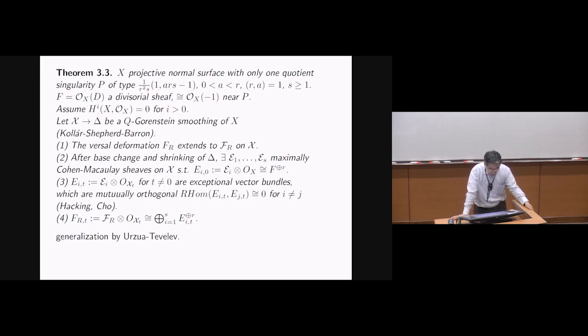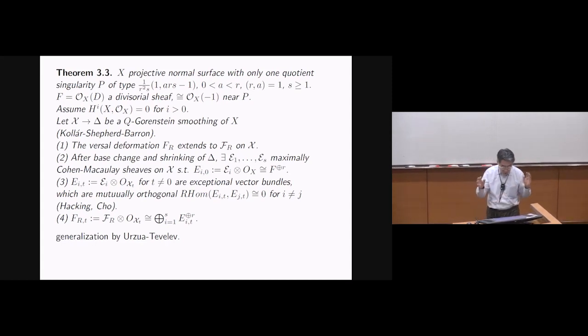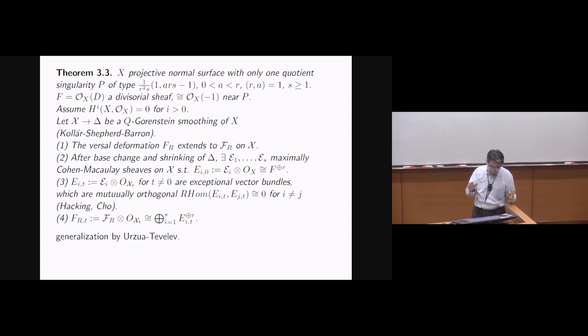Hacking found this in the case S is 1, and Cho extended this to arbitrary S, and there are S mutually orthogonal vector bundles. So there are no Hom sets. So they are quite different vector bundles.